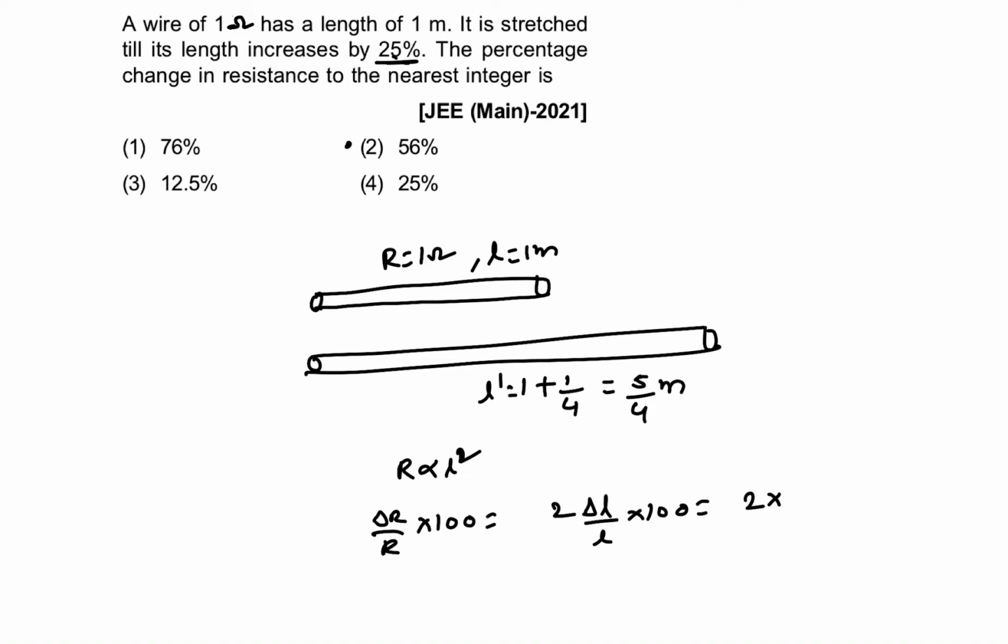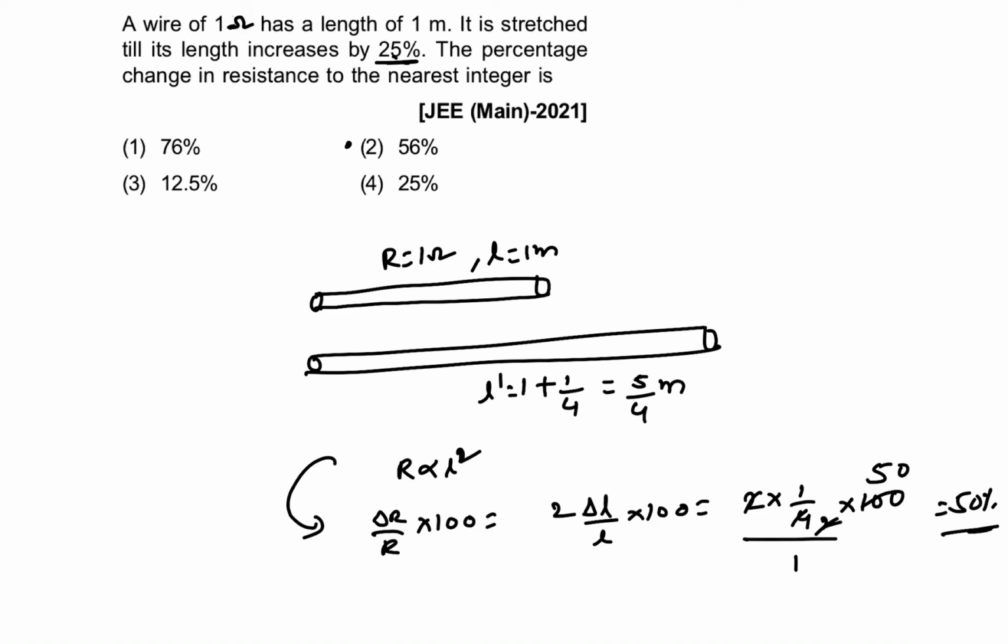I will tell what is exactly the process, first you apply this method. 2 into 1 by 4 into delta L.